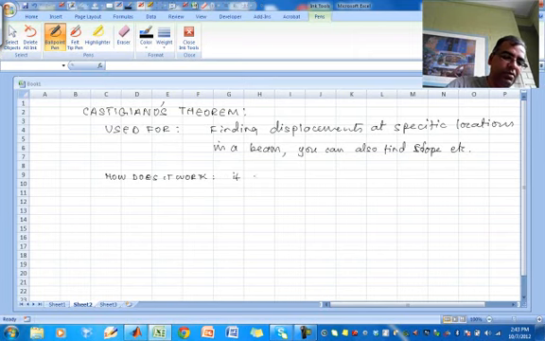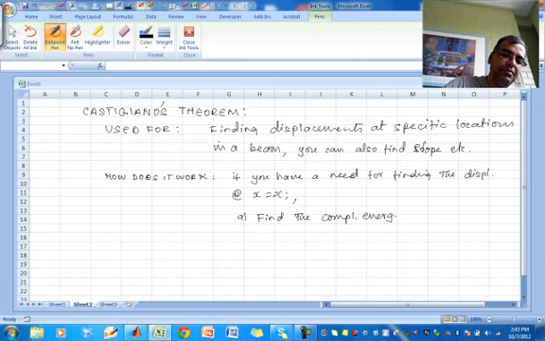The way it works is, if you have a need for finding the displacement at x equal to xi, find the complementary energy in terms of force at x equal to xi.